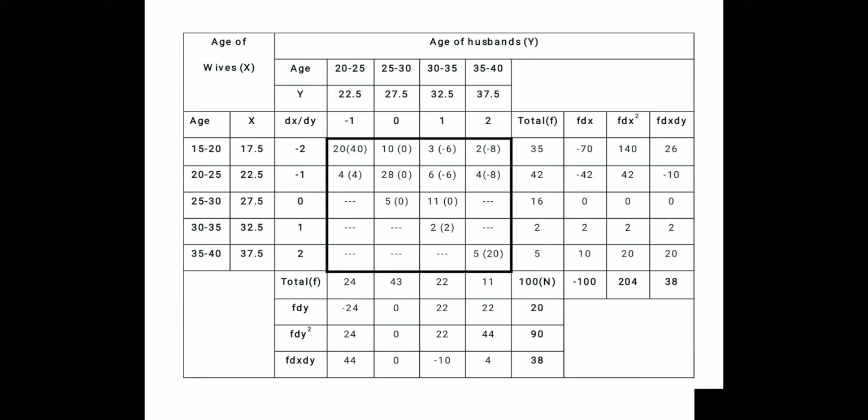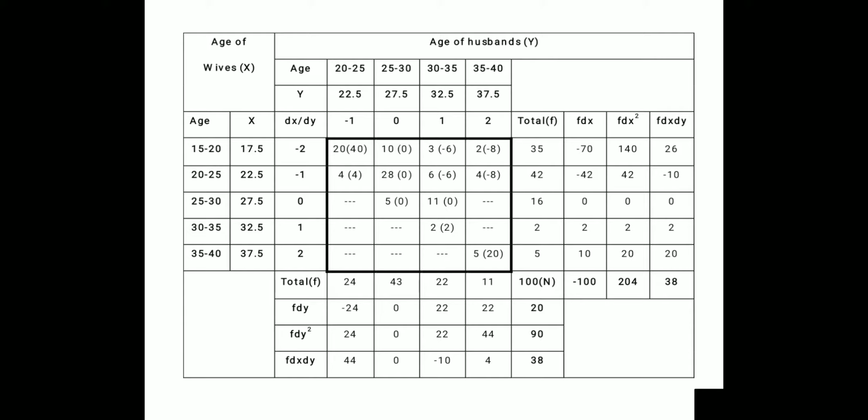Okay, so now I have already said the blocked table in between this table, they are the frequency values here, 20, 10, 3, 2, 4, all these are the frequency values. So to calculate total frequency, that is f in the row and the column, has to be calculated by totaling the values vertically and horizontally.